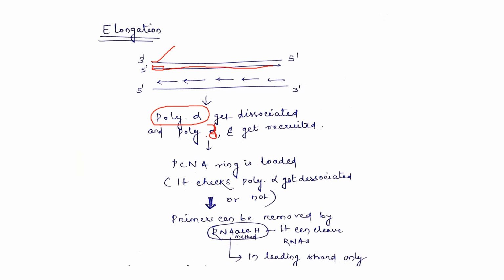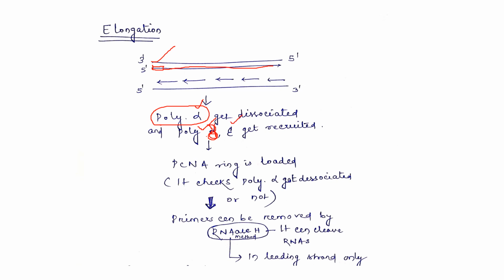After the degradation of DNA polymerase alpha, DNA polymerase delta and epsilon get recruited there. Okay, because the rest of the polymerization process will be carried out by DNA polymerase delta and DNA polymerase epsilon.